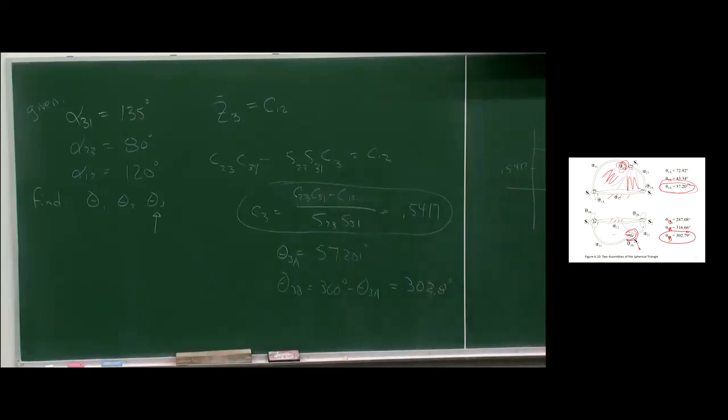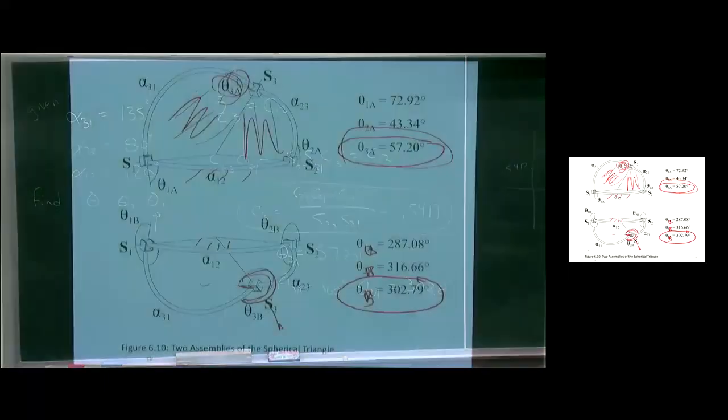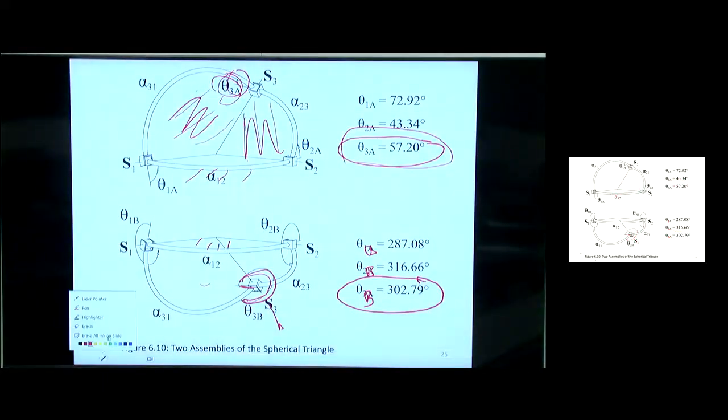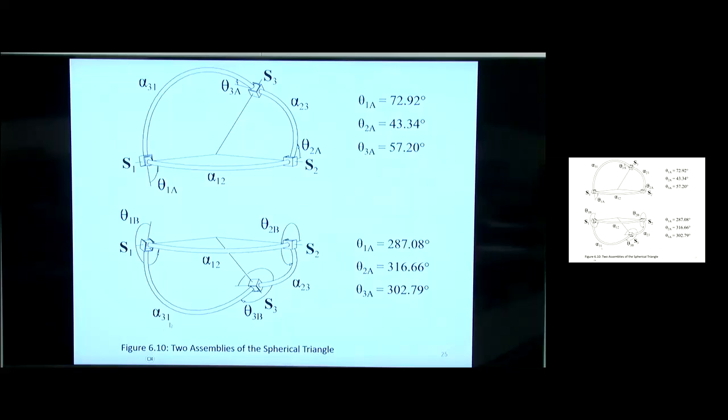So now when we go, I'm going to do it on this picture. We got theta 3, so that's this angle. It's kind of awkward on this picture, that angle there. So I took this link, alpha 23, and this was all drawn to scale too. I think that was 80 degrees, and this one was 135.